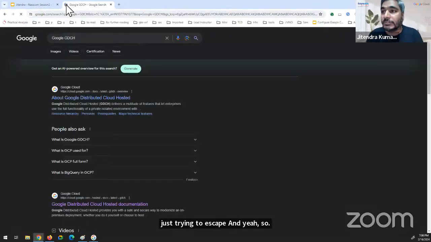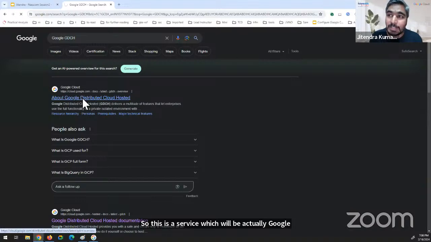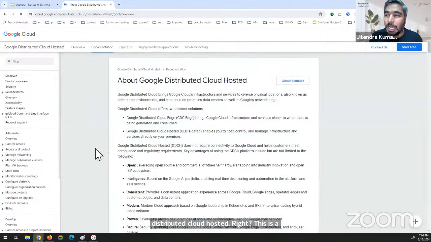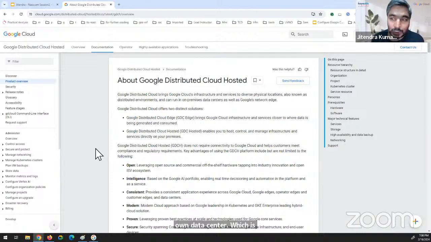So this is a service which will be Google Distributed Cloud Hosted, right? This is a service which is available right now, but it is becoming better and better. This is something that you would be able to run in your own data center, which is an extension of Google Cloud.